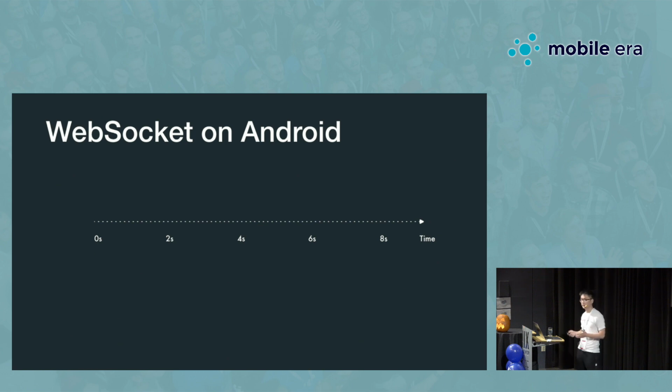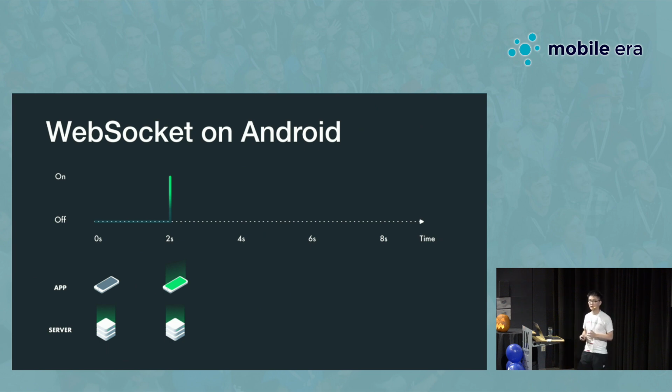Let's take a look at the happy path. On this diagram, the horizontal axis is time and the vertical axis indicates the connection state that we want in our app. At 0 seconds, the server is online, but the user is not in the app. So we don't want the connection to be open.